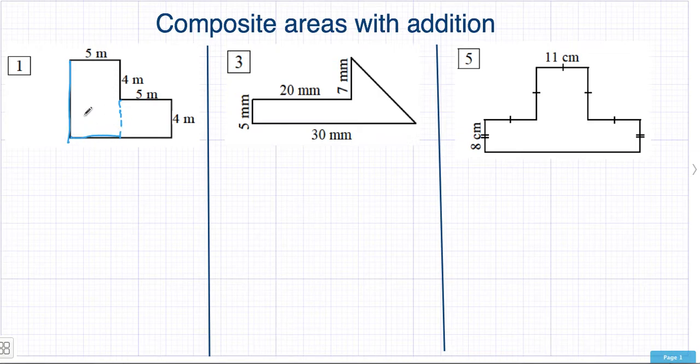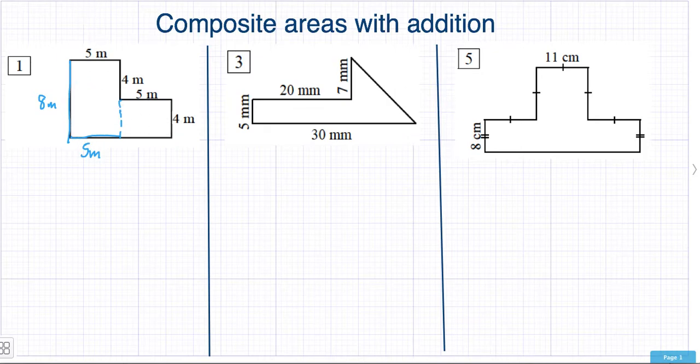So the width across here is 5 meters, and the height is sometimes a little bit hard to figure out with these, but can you see here you've got 4 meters and 4 meters, here, 4 meters and 4 meters. So the total height of this shape is actually 8 meters because it's those two sides added together. So I'm just going to get rid of that so we don't have that there.